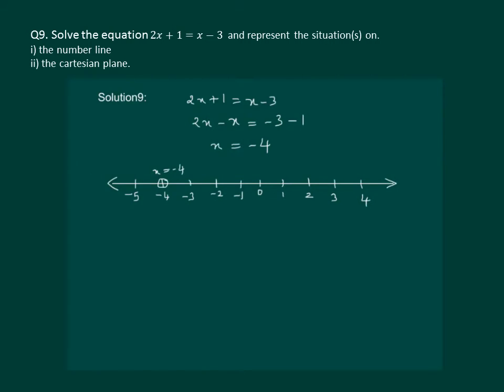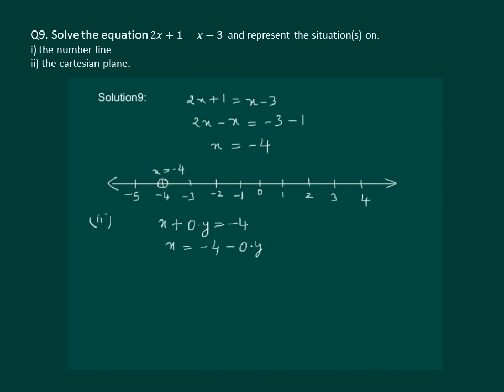Second part of the same question is to plot it on the Cartesian plane. So let us consider linear equation to be x plus 0 into y equal to minus 4. This gives x equal to minus 4 minus 0 into y.